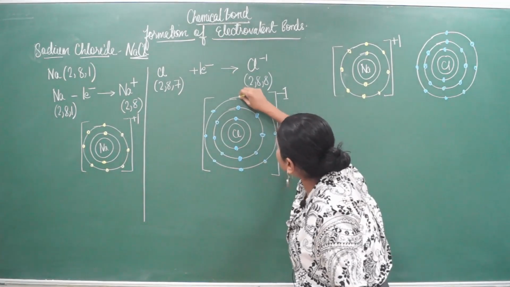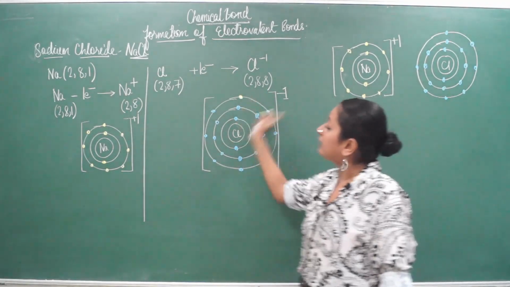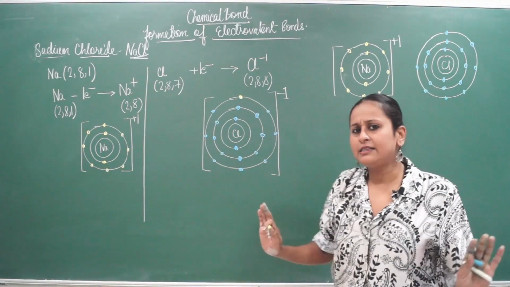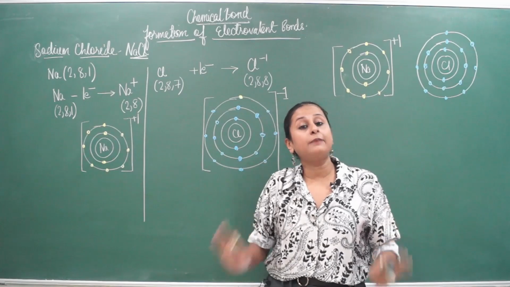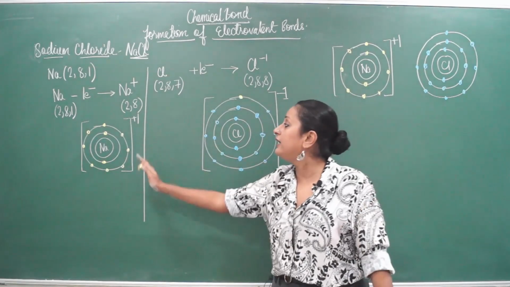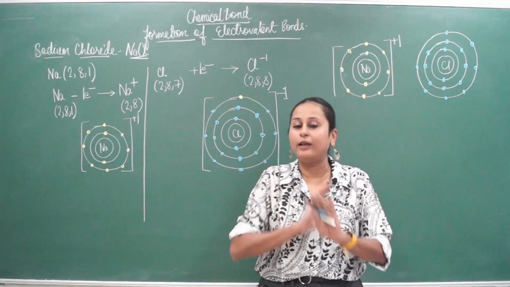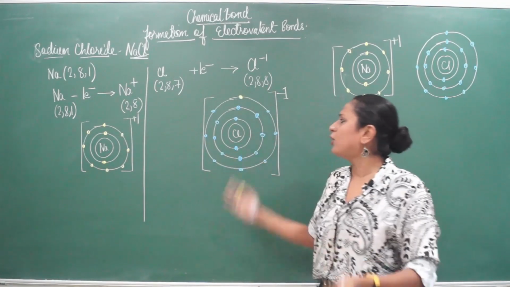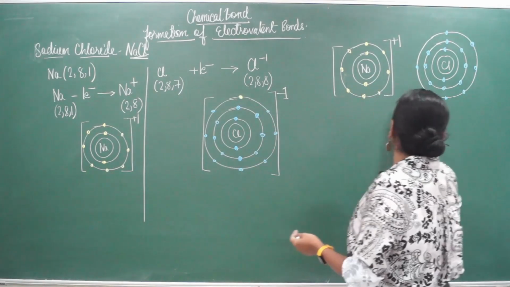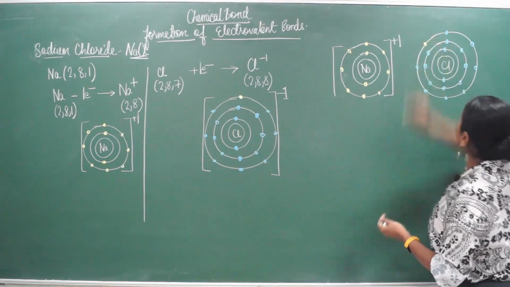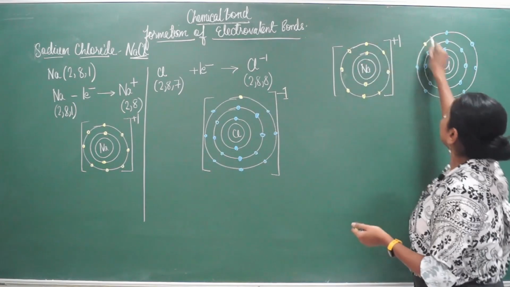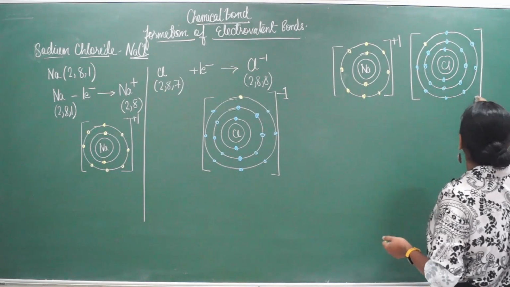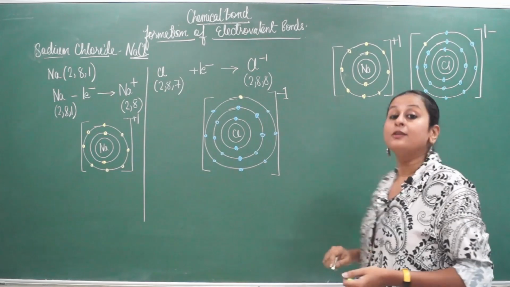So can I draw one electron like this? This is the electron that previously belonged to sodium. Alright, this is just for understanding purposes. This is a theoretical concept. There is no reason why chlorine has to accept the same electron as given by sodium. There is no requirement for that, but this is just for a theoretical understanding. So can I draw the last electron like this? So we can say that this lost electron is gained by chlorine. It has a -1 charge.